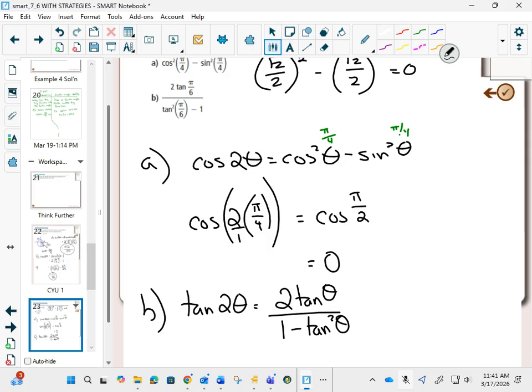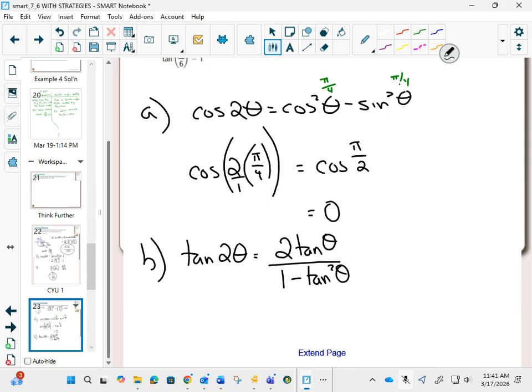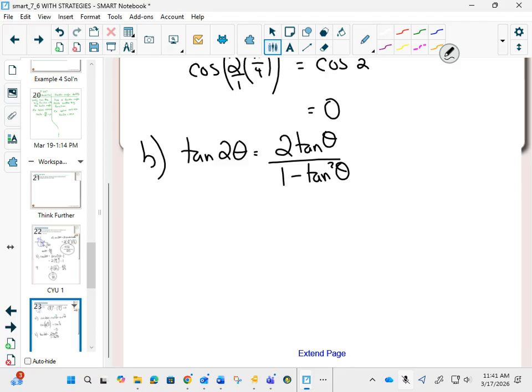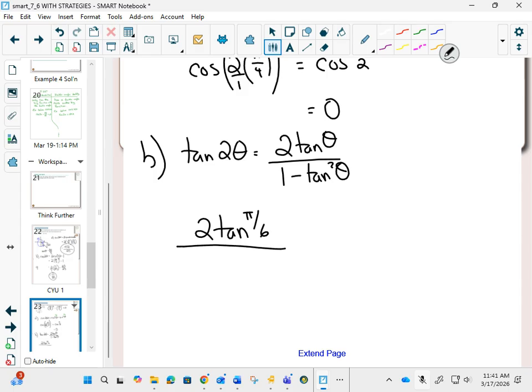So you would have to do some algebraic manipulations to make it match up. And the algebraic manipulations are going to look like this. So I have 2 tan pi over 6 on the top, and I am going to take out a negative 1 on the bottom. Can you see that taking out a negative 1 would make the previous negative 1 positive? So I'm going to write that first because it's written first there. It's going to make the tan squared thing negative.